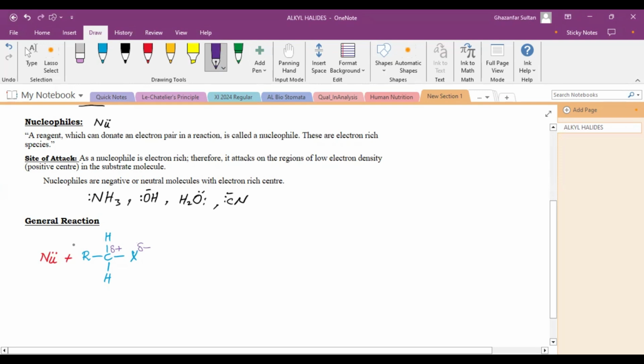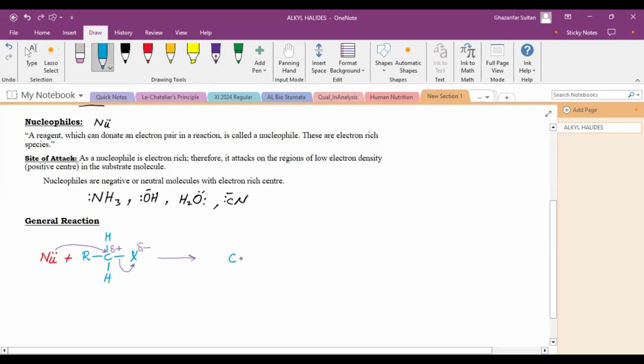So the nucleophile attacks this electrophilic carbon atom. And if it is a powerful nucleophile, then it can displace halogen from here. So this attacking nucleophile displaces the halide ion, which we can now write in this way.